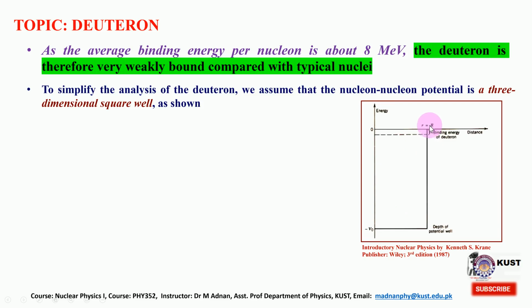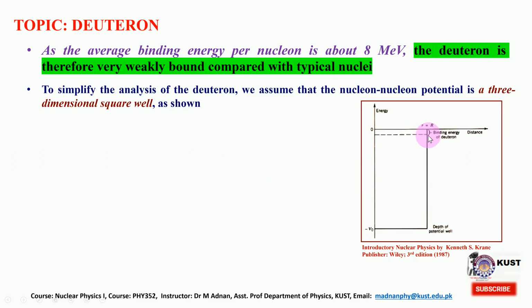We will see at the end that this is around 2 femtometer. So once the two nucleons are at a distance less than 2 femtometer, roughly speaking, they will be interacting through, or we can say are influenced by, the potential associated with the nuclear force.